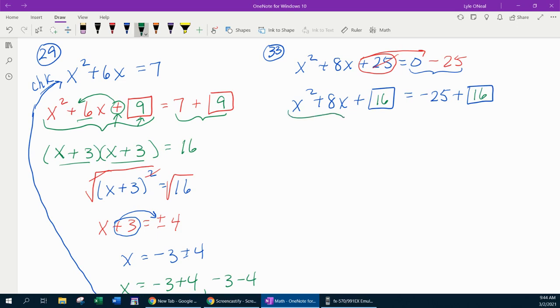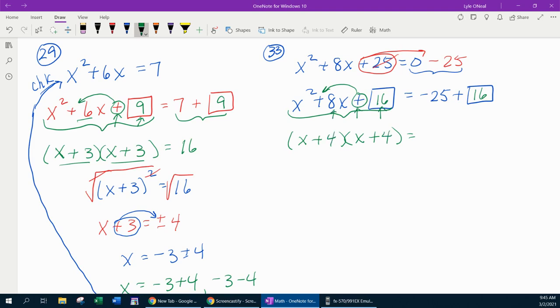Next, this trinomial will factor nicely. So we've got our parentheses, we're going to read the signs, and we're going to fill in the blanks. x and x, numbers that multiply to make 16 and add to make 8: 4 and 4.